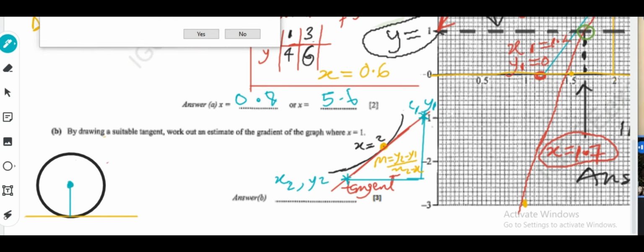What's the angle between radius and tangent? It's like half the diameter. No, I mean the angle. 90 degrees. Yeah. So the angle between radius and tangent is 90 degrees.